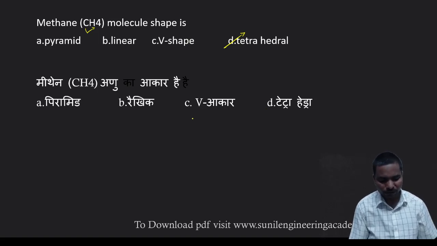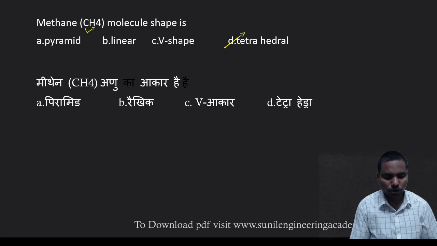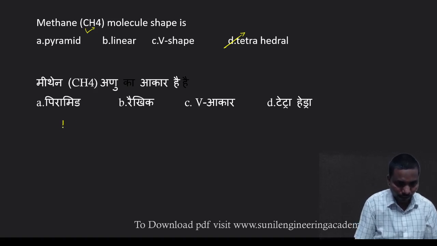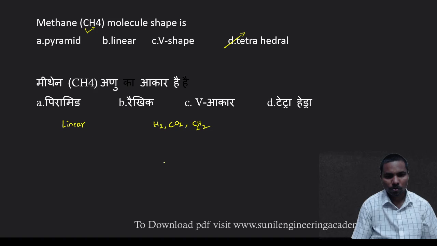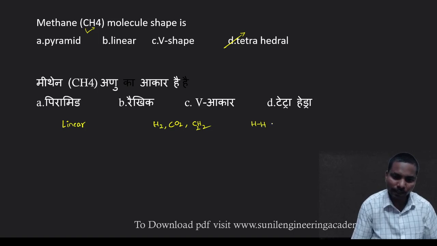Now I want to give some important molecules and their shapes. If you consider linear shape, the molecules are hydrogen, CO2, C2H2, ethyne. So these have linear shape.